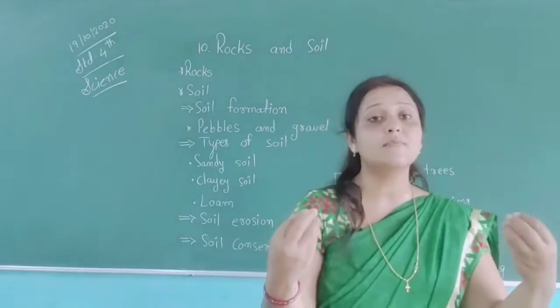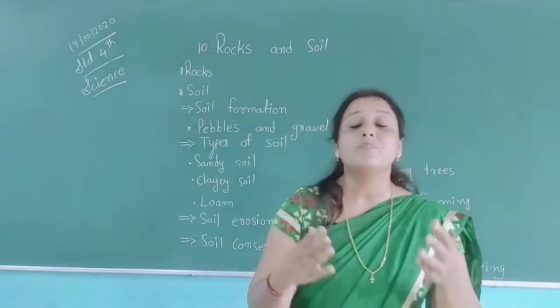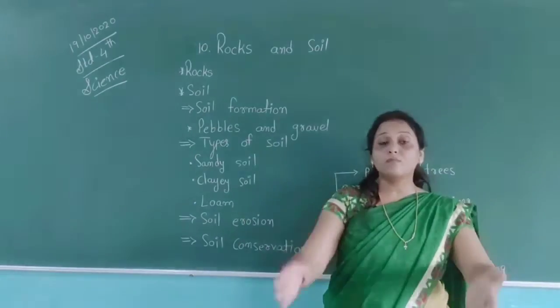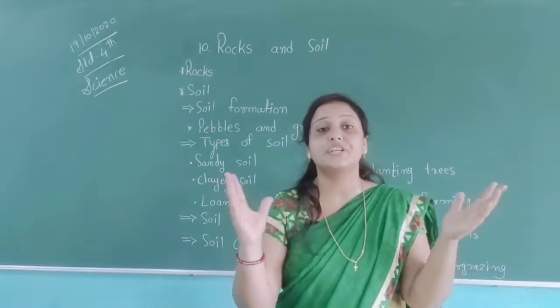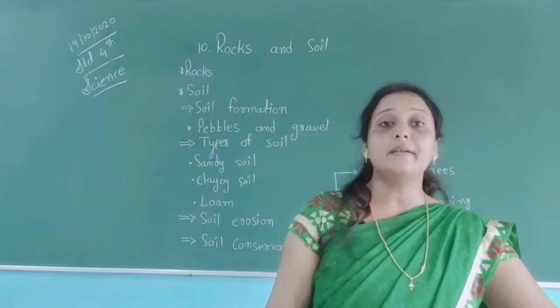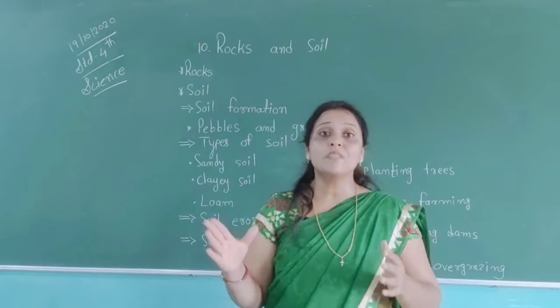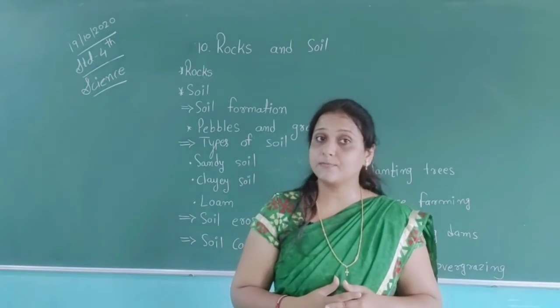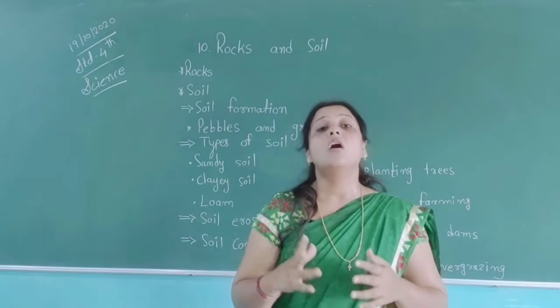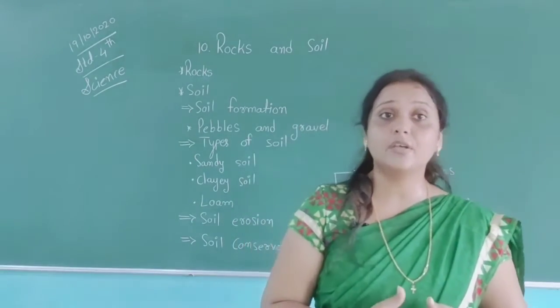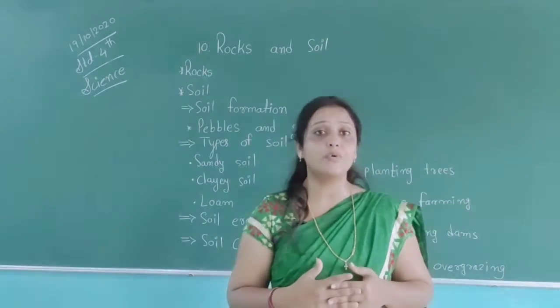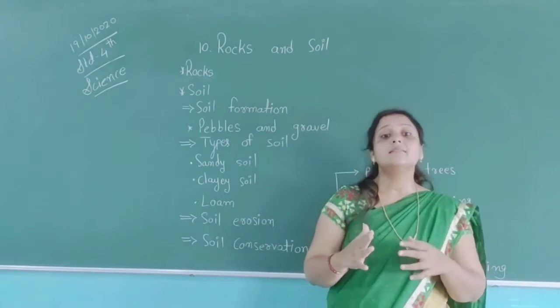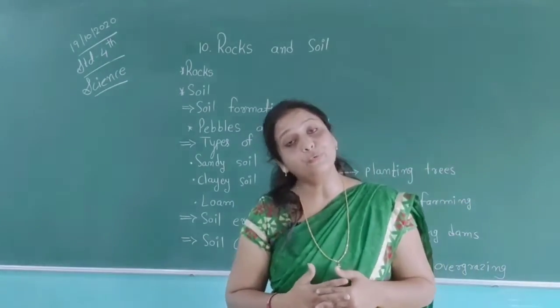We get oxygen from the plants. When we take in oxygen, we give out carbon dioxide, and the carbon dioxide is taken in by the plants. So soil erosion is also dangerous for us. Very few plants will grow around us, hence our needs will not be fulfilled.